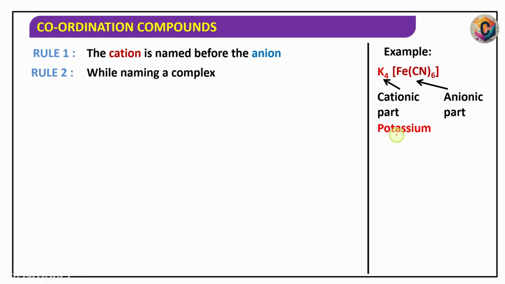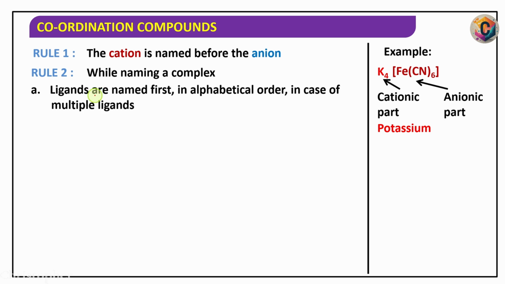Rule number two: when you name the complex, the names of the ligands should be written first. So here you have the complex. Immediately after the square bracket, you have the central metal atom. But while you name it, the name of the ligand should be written first. Keep it in mind.